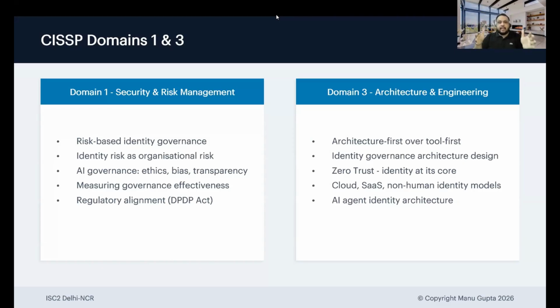Designing identity governance architectures that can handle cloud, all your SaaS applications, non-human identities, and AI agents requires similar architectural discipline to what we apply to network and application security. So zero trust architecture, which puts identity at its core, is fundamentally a domain three topic.